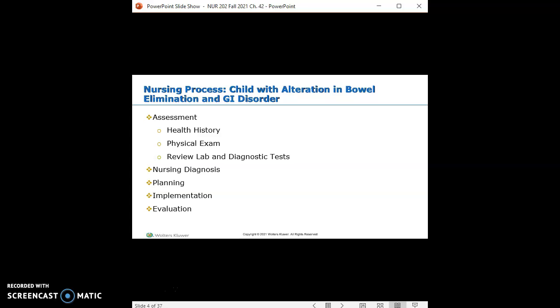The physical exam will start at the head. You're going to start with the mouth, examine the oral mucosa, teeth, tongue, ability to swallow.